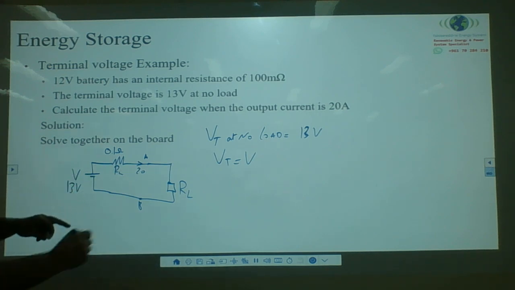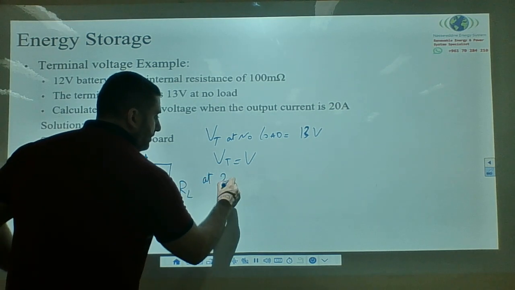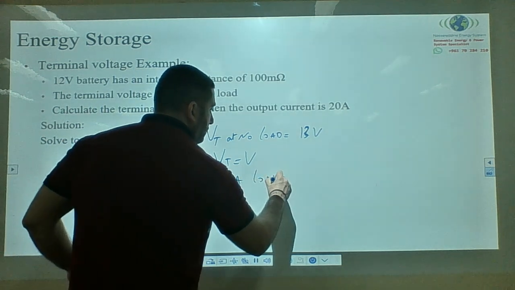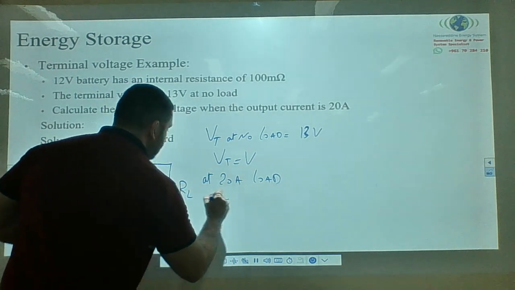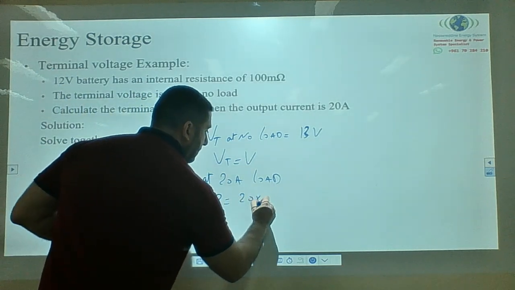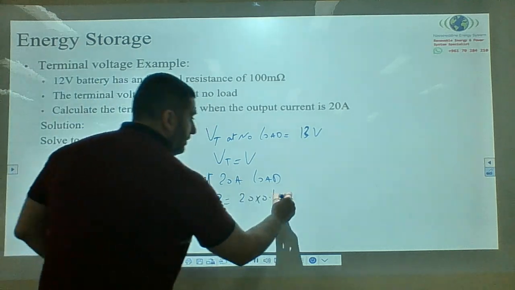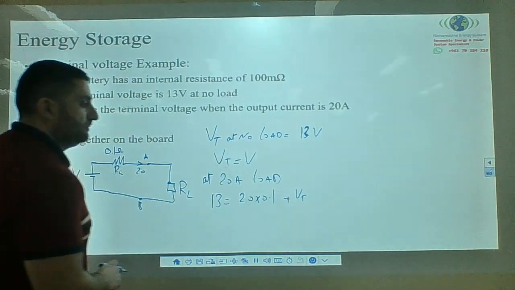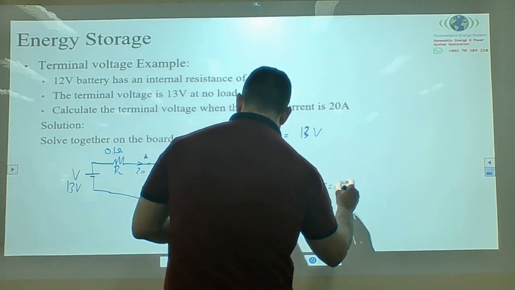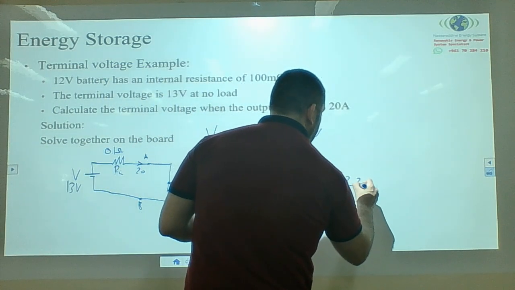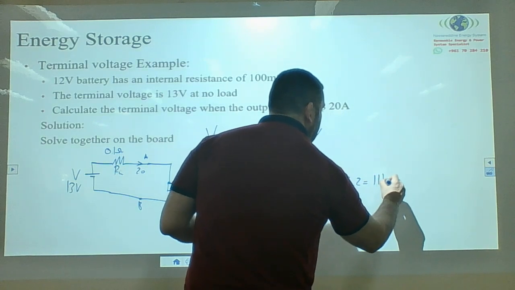At a 20 amp load, I have 13 volt equal to 20 multiplied by 0.1 plus V terminal. So straight away, this will give me V terminal equal to 13 minus 2, equal to 11 volt.